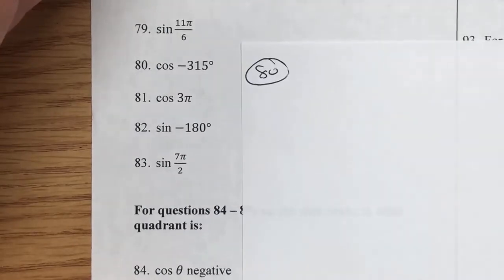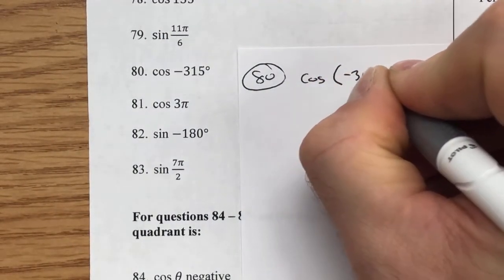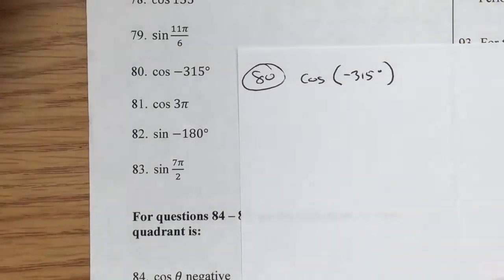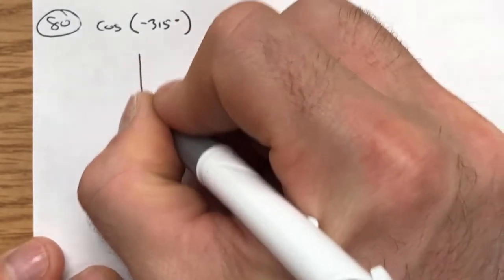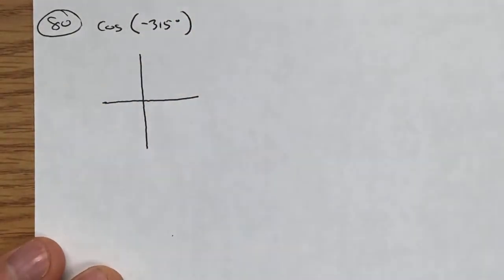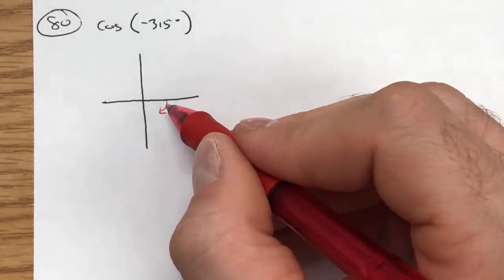Let's take a quick look at number 80. Number 80, we have the cosine of negative 315 degrees. More of the same. I'm going to draw my unit circle. Negative, I know I'm heading in this direction because I'm going anti-clockwise.